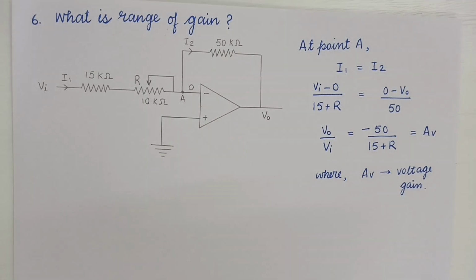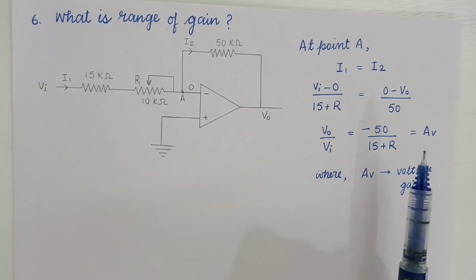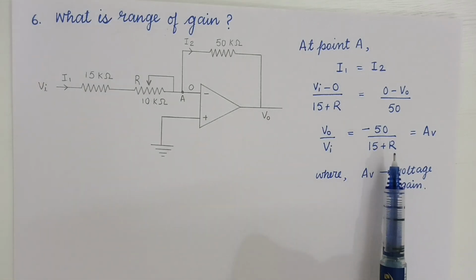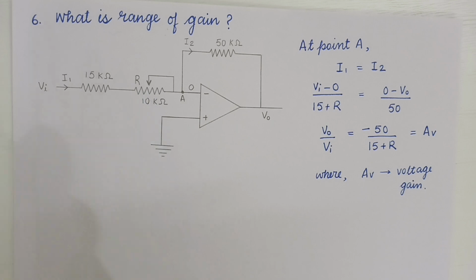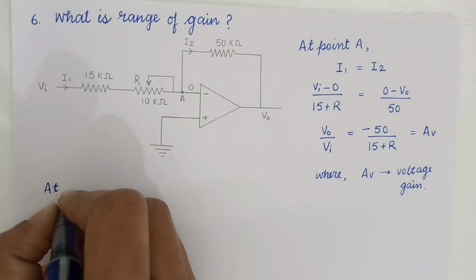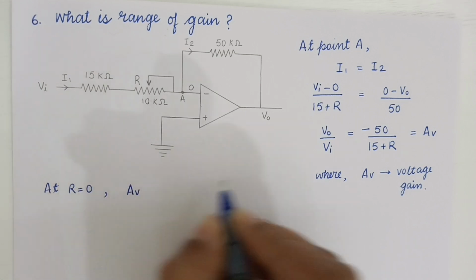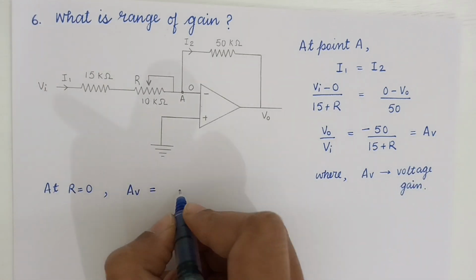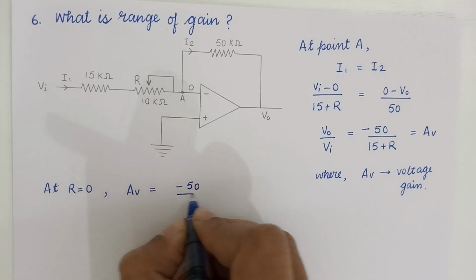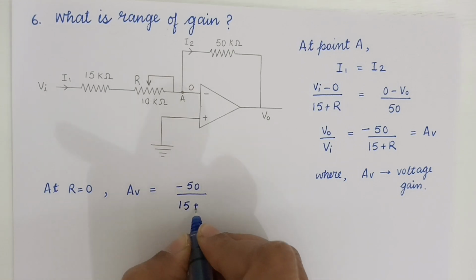Now what to do? The question is asking the range. So one by one we are going to put the values of this R. We will put the minimum value, that is 0, and then we will put the maximum value, that is 10 kilo ohm. So at R equal to 0, AV is equal to minus 50 divided by 15 plus 0.